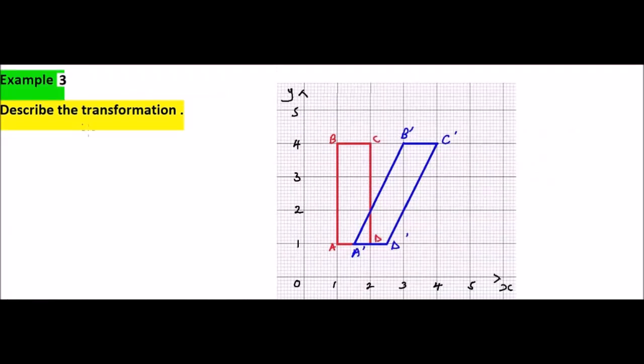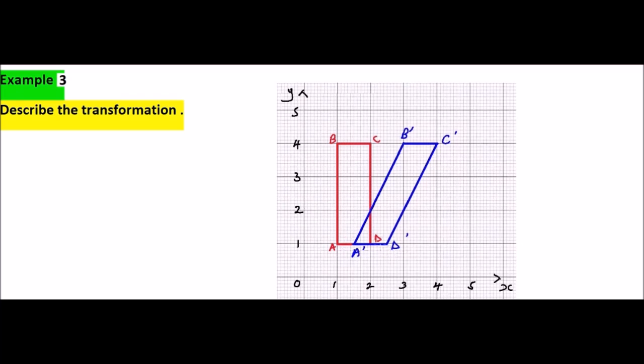This is our third example. We have been given 2 diagrams here. We have ABCD, of course, that is the object. We have A prime, B prime, C prime, and D prime, which is the image. So we have said that the lines which are not parallel to the invariant line meet at the invariant line. Of course, the invariant line lies on the horizontal line.